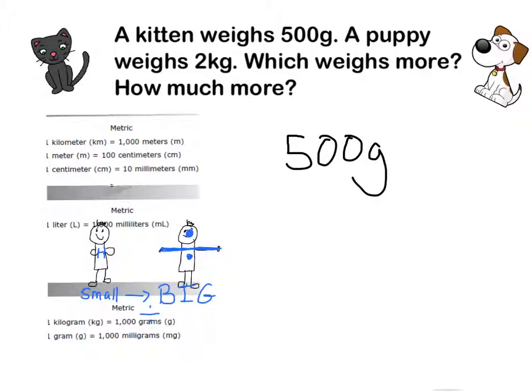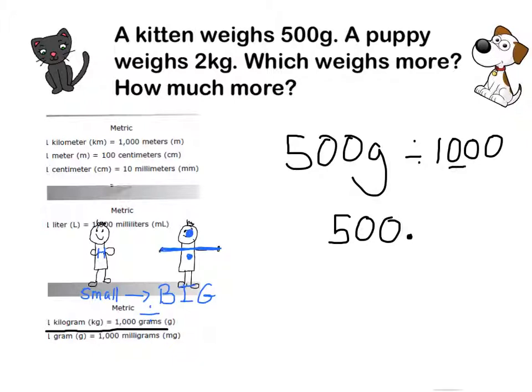So if I'm looking at my chart here, I see the 1,000, which means I'm going to have to divide by 1,000. Now, don't freak out and go, I can't do 500 divided by 1,000. We'll go back and look at those decimal points that we were talking about in earlier slides, if you want to look at it that way. So we have that invisible decimal point at the end of every number. We don't necessarily put it there unless we need to put numbers behind the decimal point.